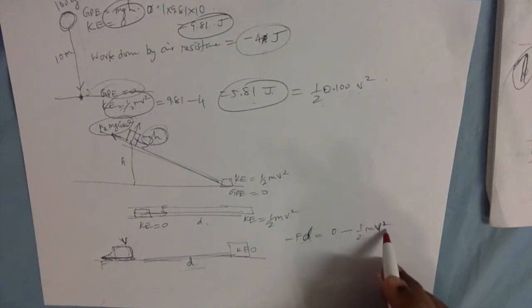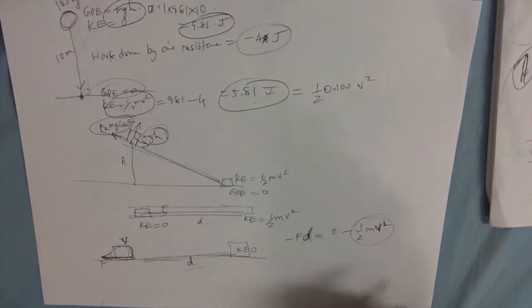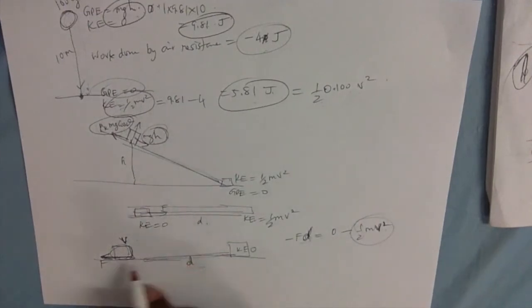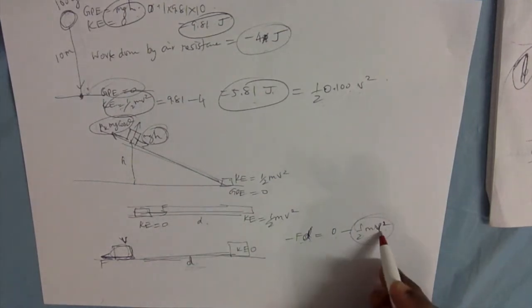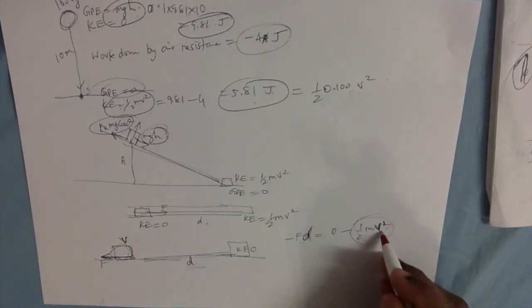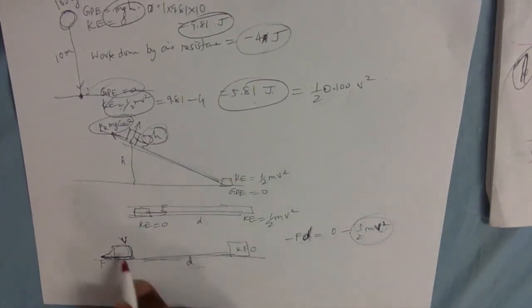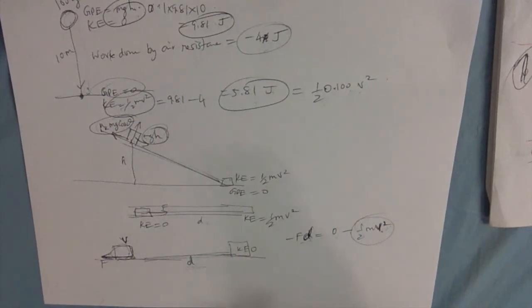If the velocity is doubled, the half mv squared is going to become 4 times bigger, which means if you hit the brakes like that, your car will slide for a bigger distance this time, because you are moving faster and the speed comes as a factor of something being squared. So remember this part, and that's the reason why the distance is going to be quadrupled. If the velocity is doubled, the distance is quadrupled.